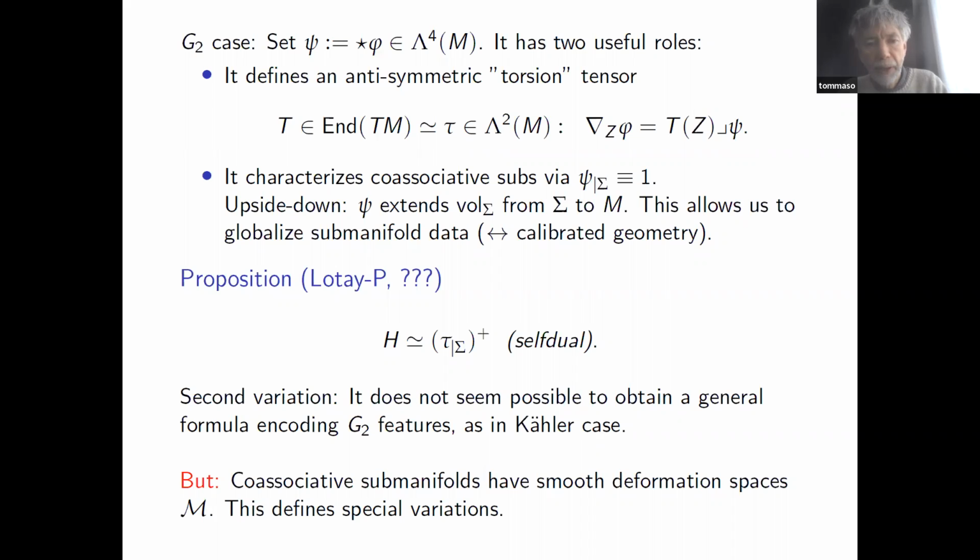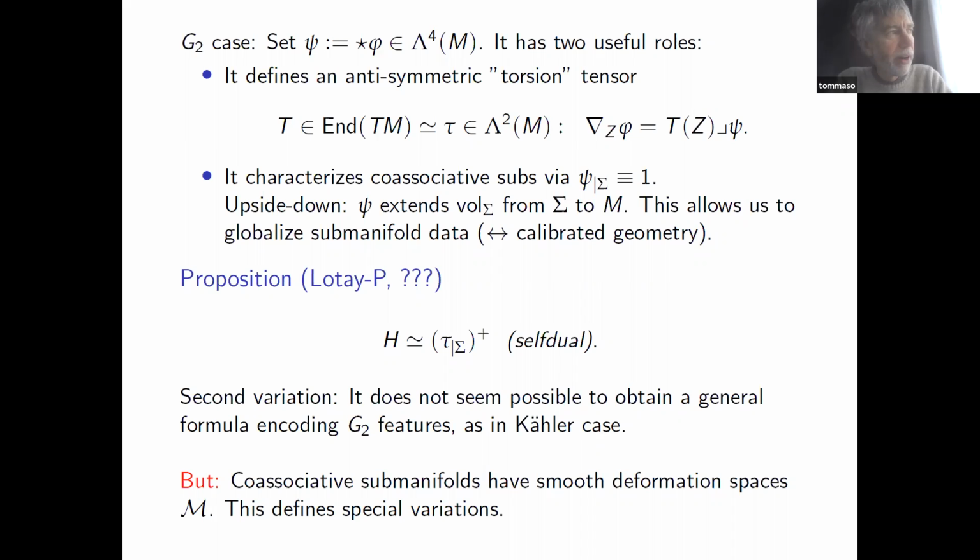And for example, at some point a few years ago with Jason Lotay, we showed that the mean curvature vector field is an expression of the torsion tensor, the G2 torsion tensor that I was talking about. But I was saying I'm really interested in the variation formula and specifically in the second variation. And now it seems I did some calculations.